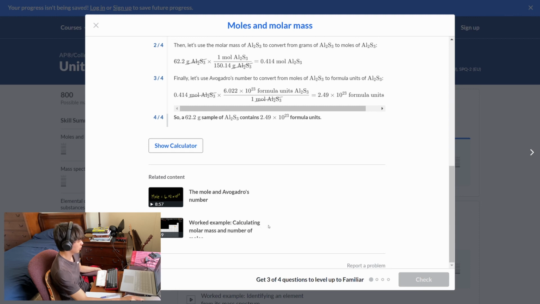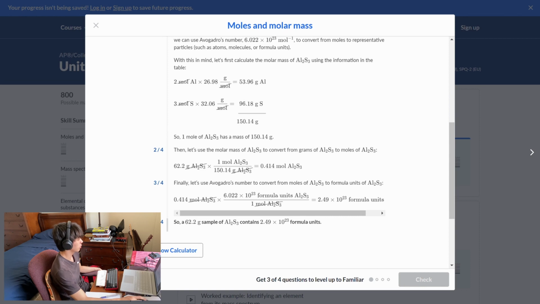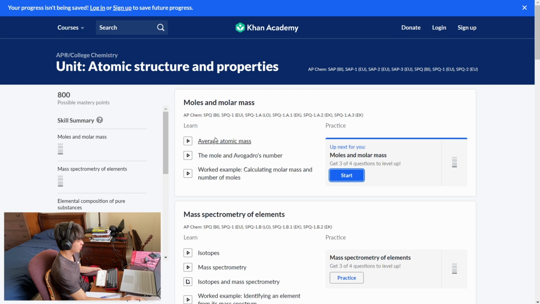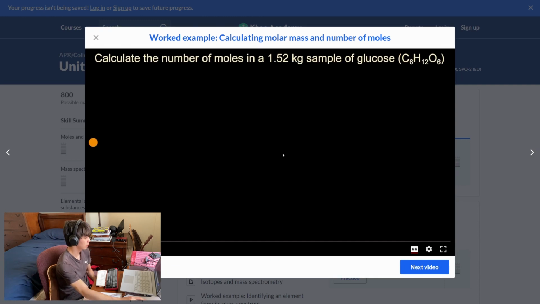Worked example: calculating molar mass and number of moles. What are we looking for? Formula units? Is there like a guide? Okay, let's watch this worked example.